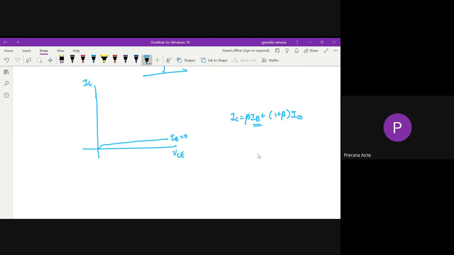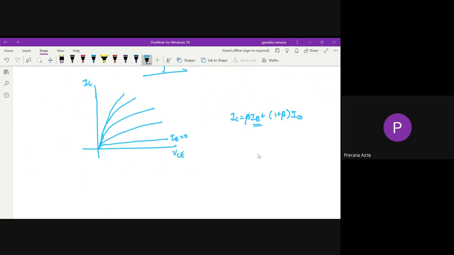When we increase the IB value, it will be 1 plus beta times, so that's why it increases like this.